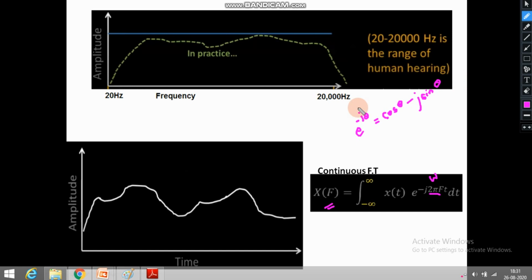Just keep in mind this equation and the fact that we are obtaining a complex valued function, which will be discussed further.